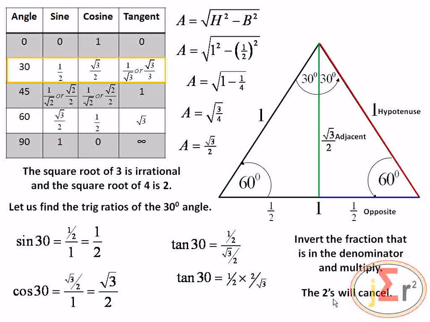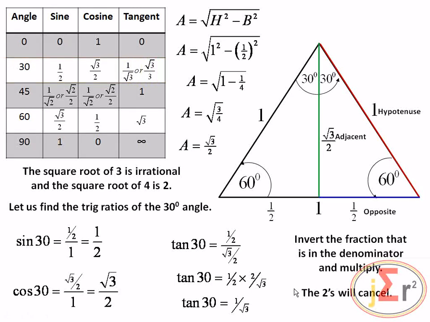The 2's will cancel. 2 will cancel with 2, and we will have 1 over the square root of 3. And that is how we arrive at 1 over the square root of 3. Good. Let us take on another one.